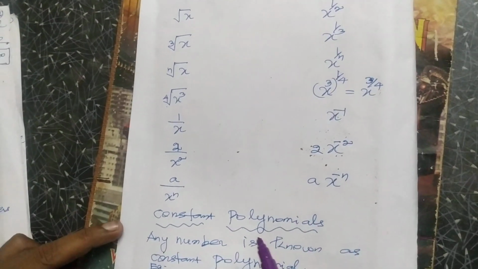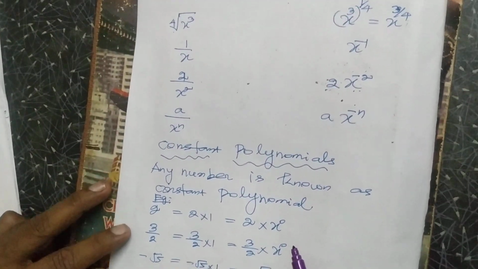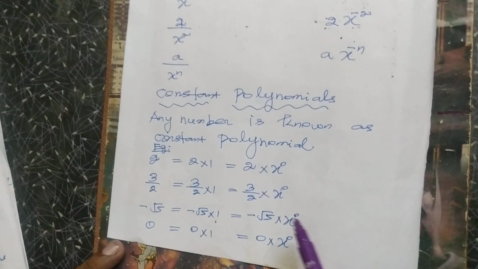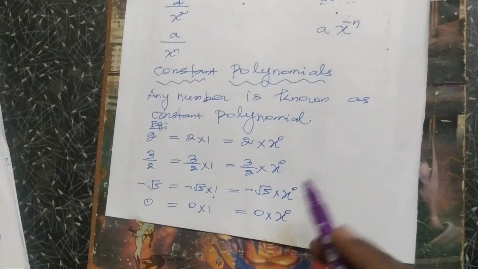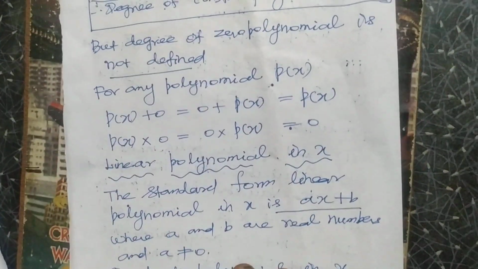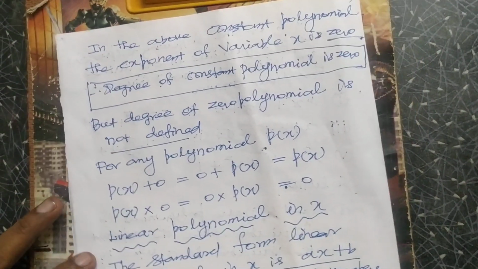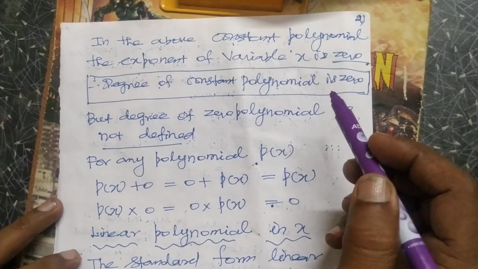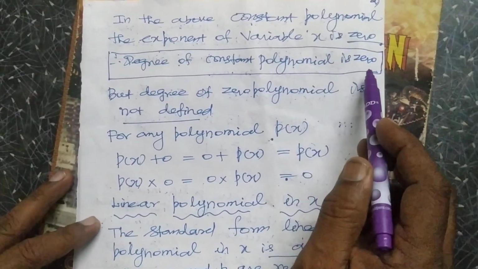Now what do you mean by constant polynomials? Any number is known as a constant polynomial. I have given some examples. In the above constant polynomials, the exponent of the variable is 0. Therefore, the degree of a constant polynomial is 0.